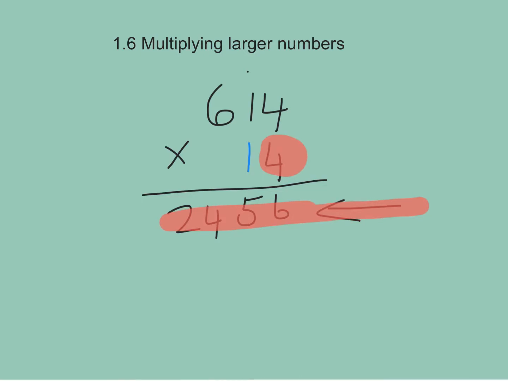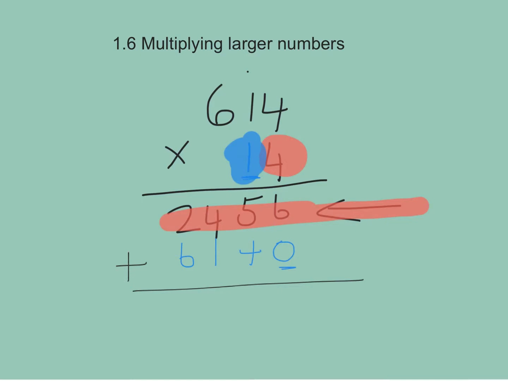So now that we are going to be multiplying by 10, the first thing I do is put my 0 down there to represent that this is 1 and 0 being 10. And then I just multiply out. I'll say 1 by 4 being 4, 1 by 1 being 1, and 1 by 6 being 6. I then add all of that up.